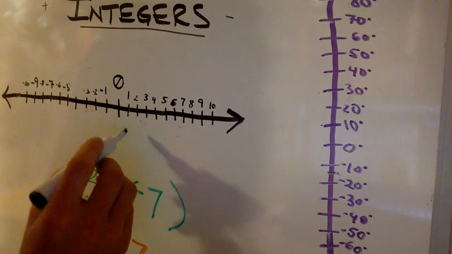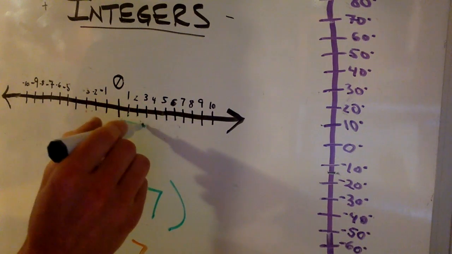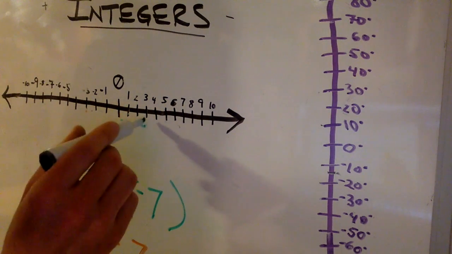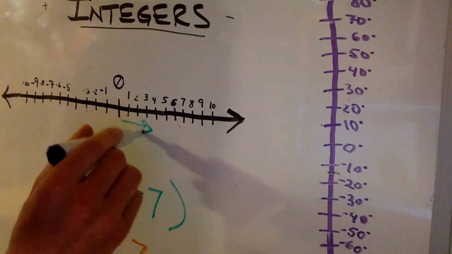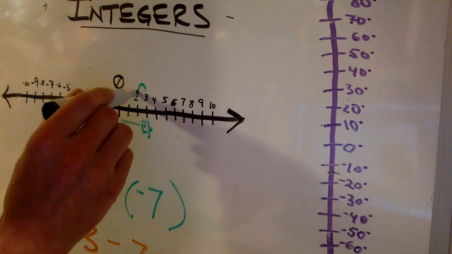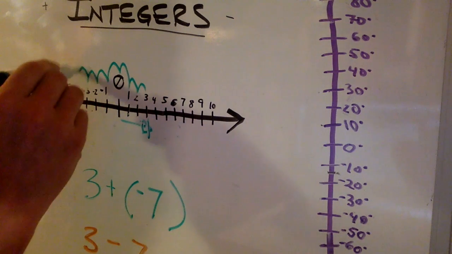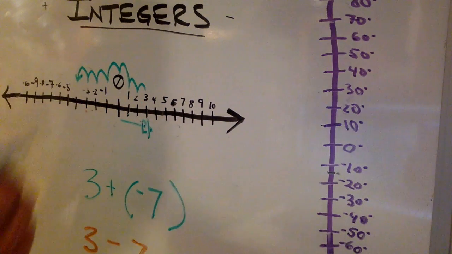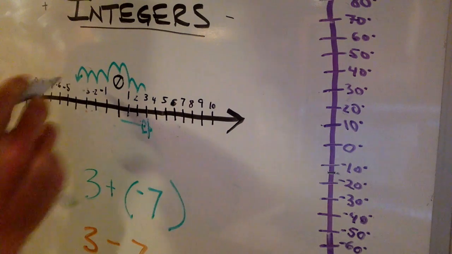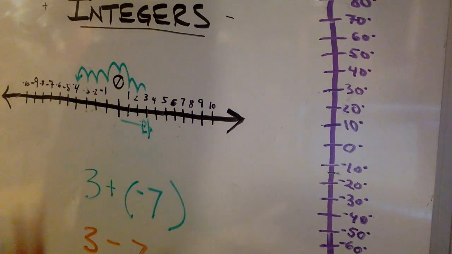So if we had 3 and we started there, and we were taking away 7, we would hop back 1, 2, 3, 4, 5, 6, 7. You end up at negative 4.